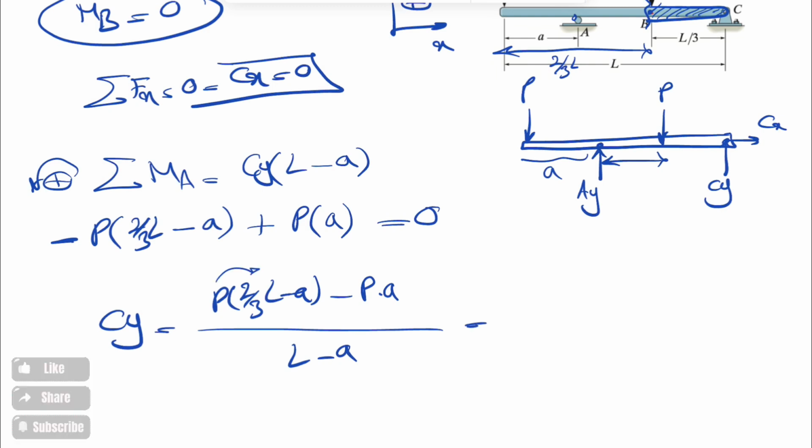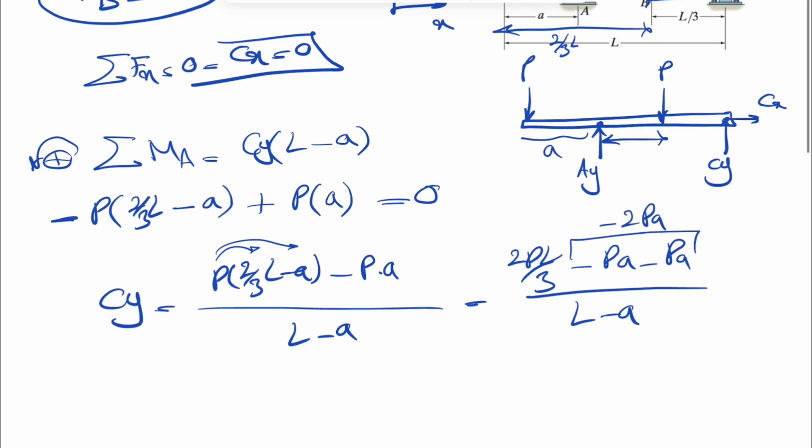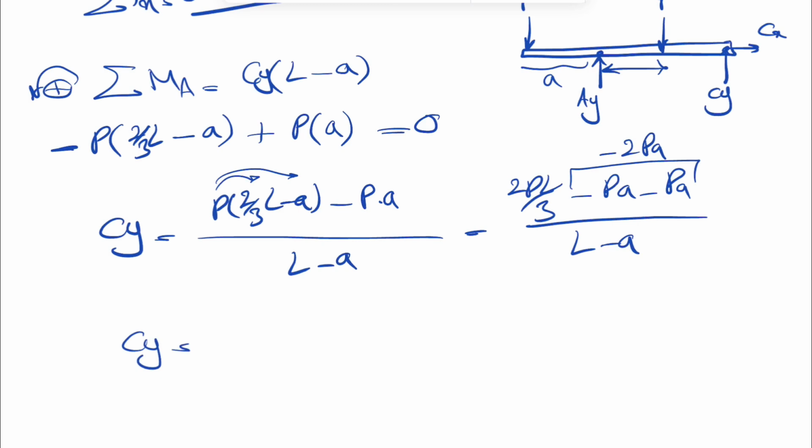So on top of this ratio, we have 2/3 of PL minus PA minus PA, divided by L minus A. So this will be minus 2PA. We can factor P in here. Actually, we can factor 2P in here.